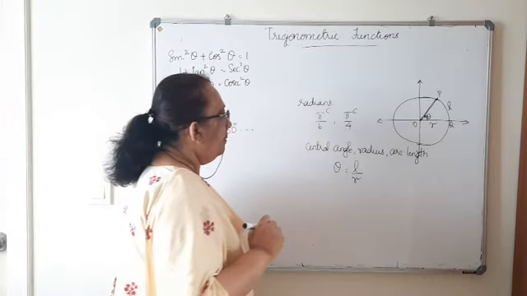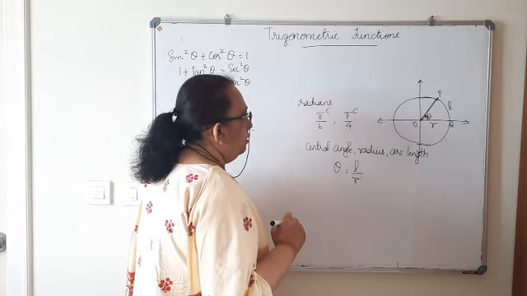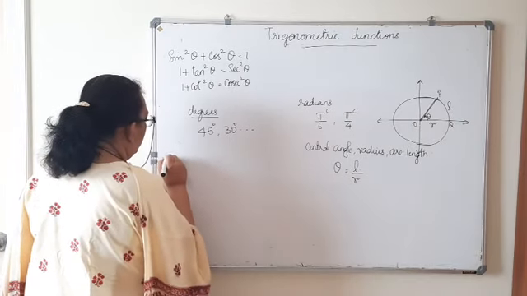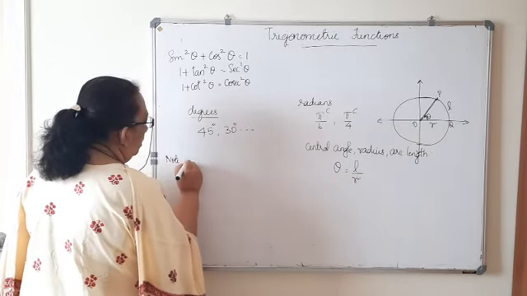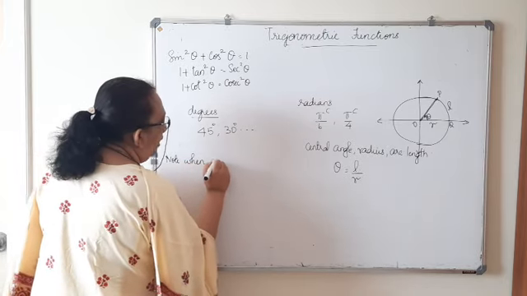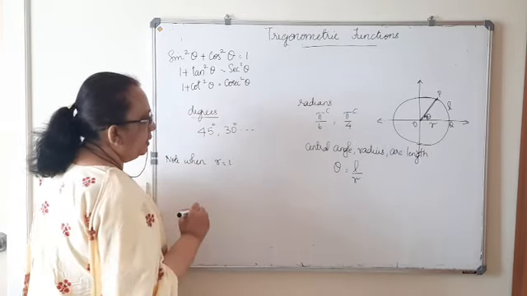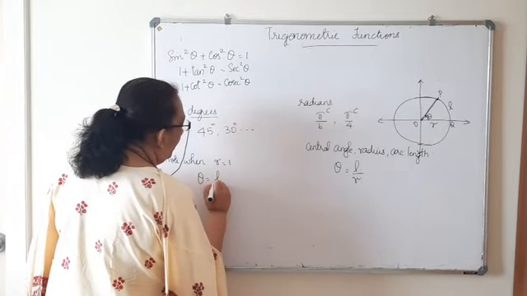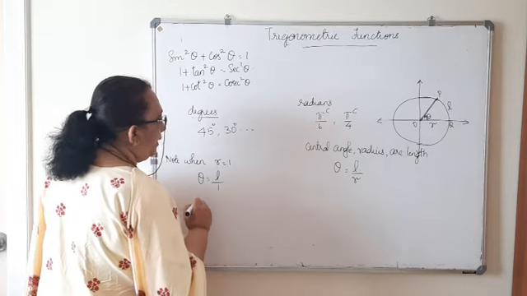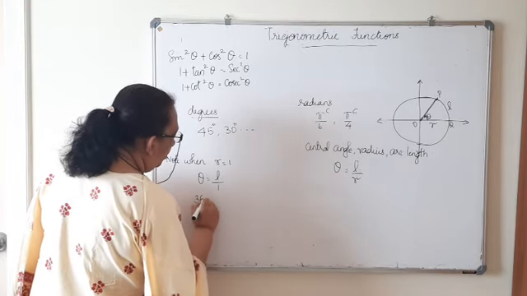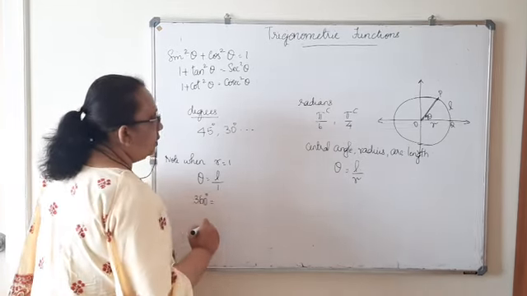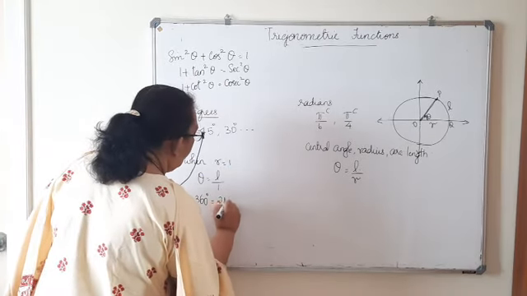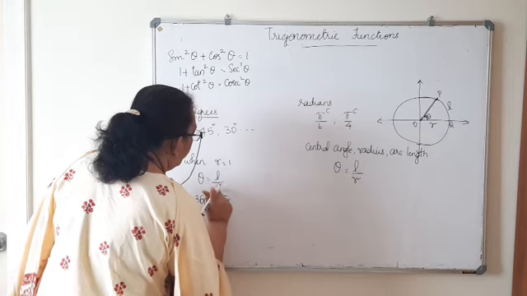But now when R is equal to 1 unit, theta is equal to L by 1. And the central angle theta equal to 360 degrees corresponds to the arc length equal to 2 pi r.